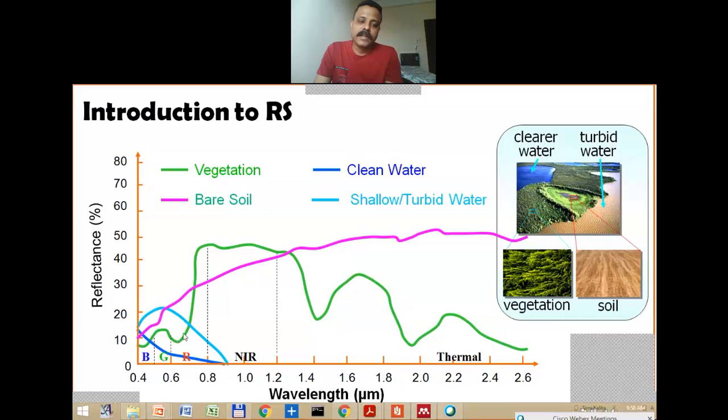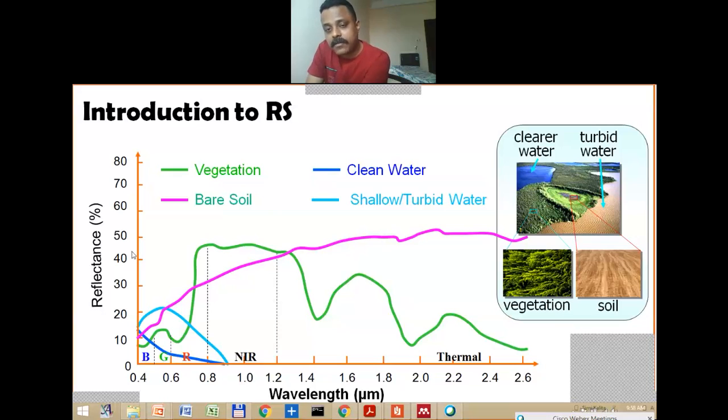After red, we don't see, but normally in the near infrared, it reaches a maximum value of around 50%. That means most of the energy incident on a leaf is reflected back in the near infrared spectrum.